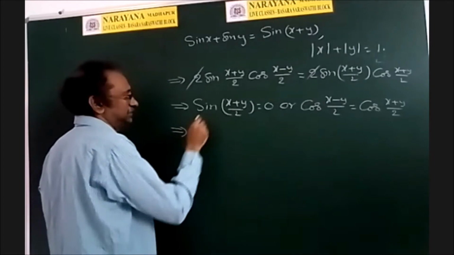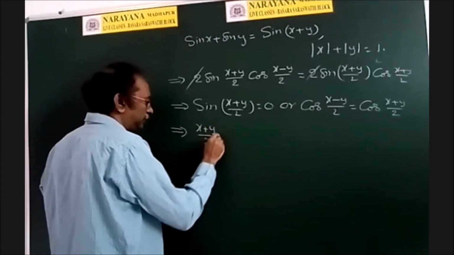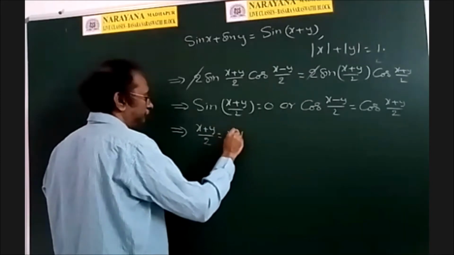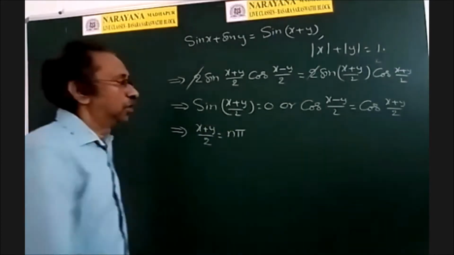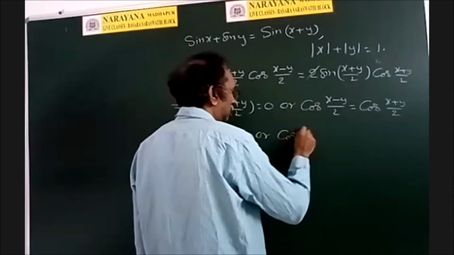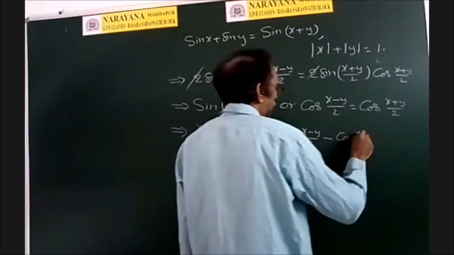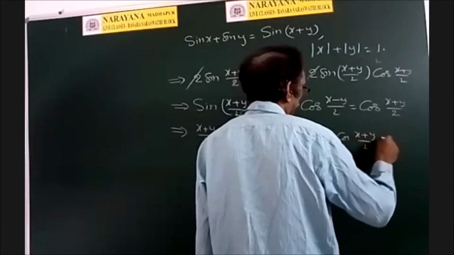That implies sin((x plus y)/2) is equal to 0 means (x plus y)/2 is n pi, or cos((x minus y)/2) minus cos((x plus y)/2) is equal to 0.